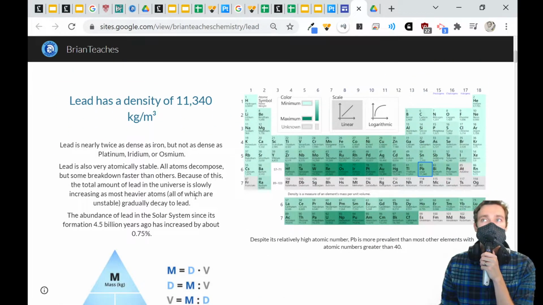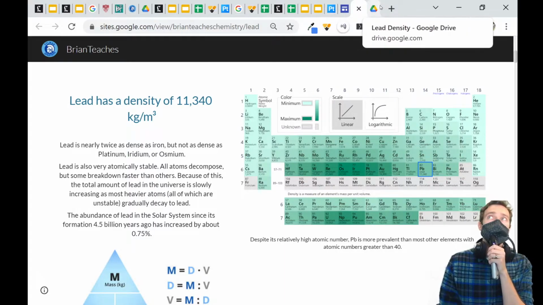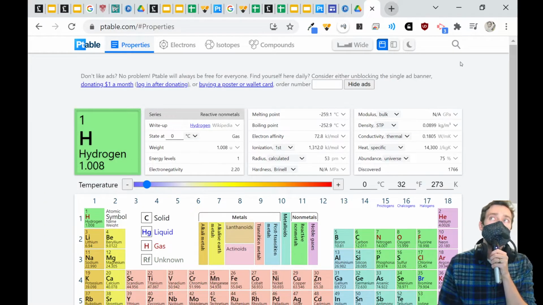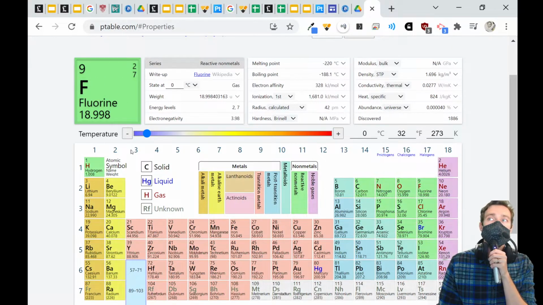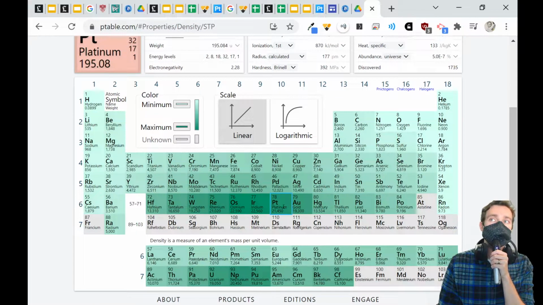Why do we use it? Well, one reason we use it is because it's really dense. If you go to P-table, which is our periodic table online, you can sort all of these elements various ways, and one way you can sort is different characteristics, and one is density. If you look at the density, there are some really dense elements, like platinum is super dense. Gold is pretty dense.